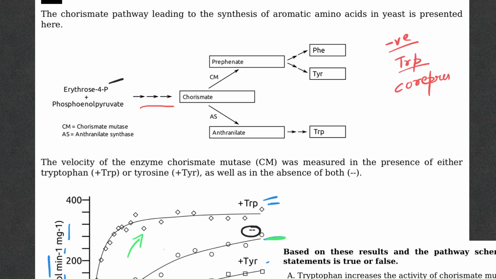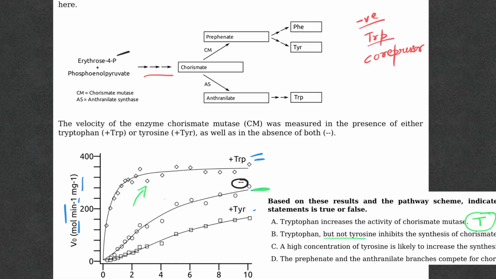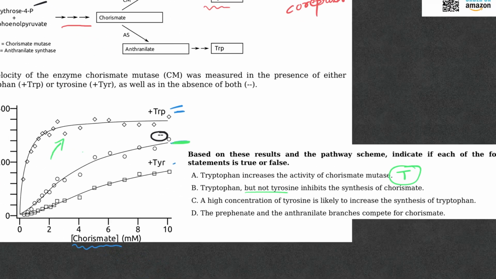Okay, now in this case, if tryptophan was the repressor here, then it should make sense that tyrosine should also be, because the pathway is making use of synthesizing both of them, right? So we do not have the concrete information presented here, we will not assume that that is the case, right?